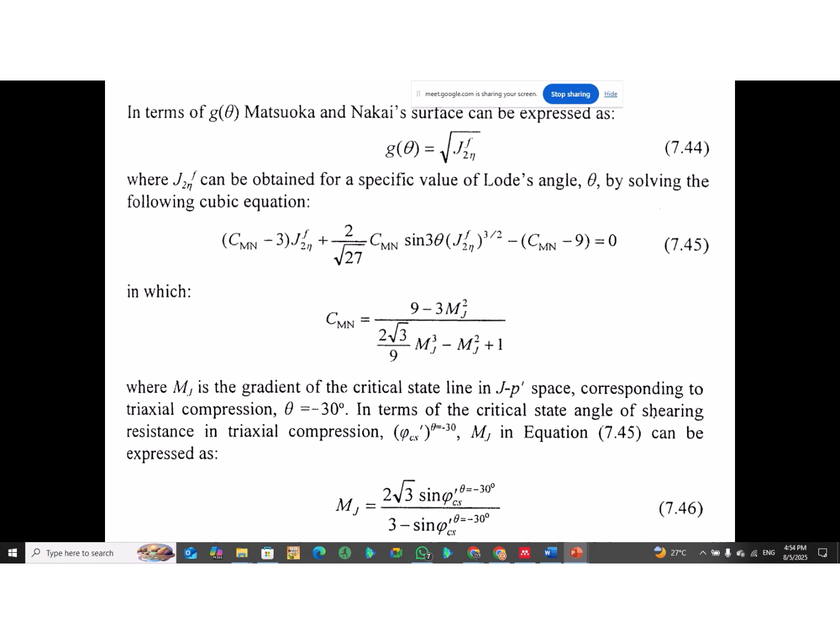In terms of the critical state angle of shearing resistance in triaxial compression, mj in equation 7.45 can be expressed, and here we take that value specifically when phi cs is phi cs when that angle theta is negative 30.